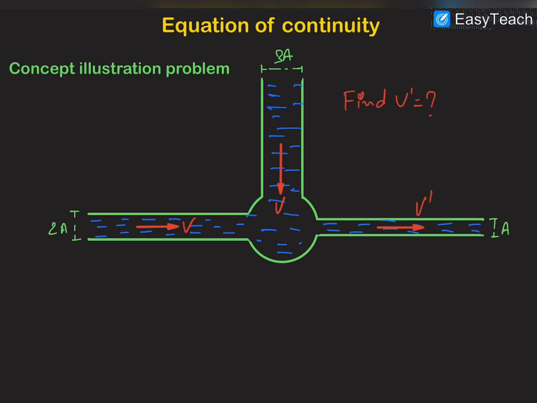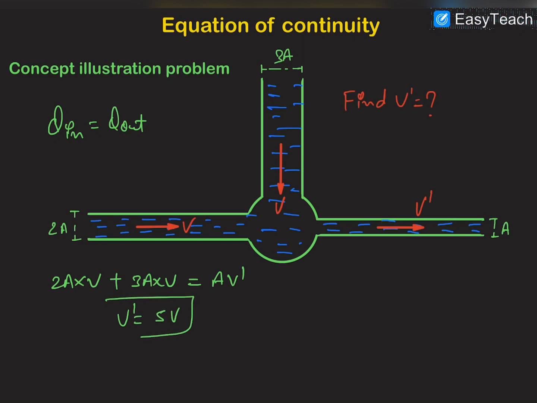So again, according to the equation of continuity, Q in will be equal to Q out. Q in will be 2A into V plus 3A into V. This is the total Q in, and Q out will be equal to A into V dash. So V dash will be equal to 5V. This is the velocity of the liquid flowing out of the pipe.